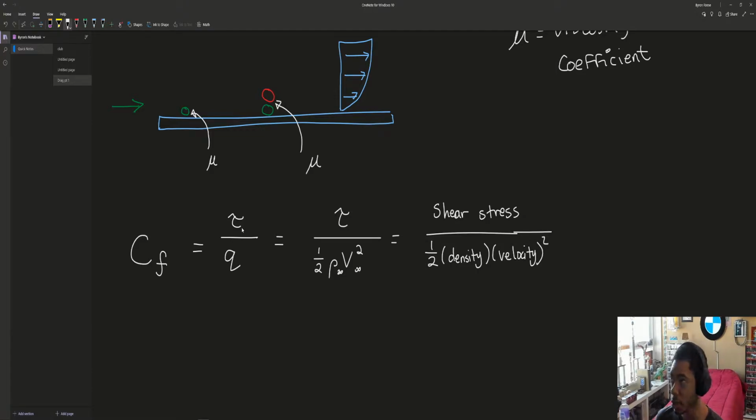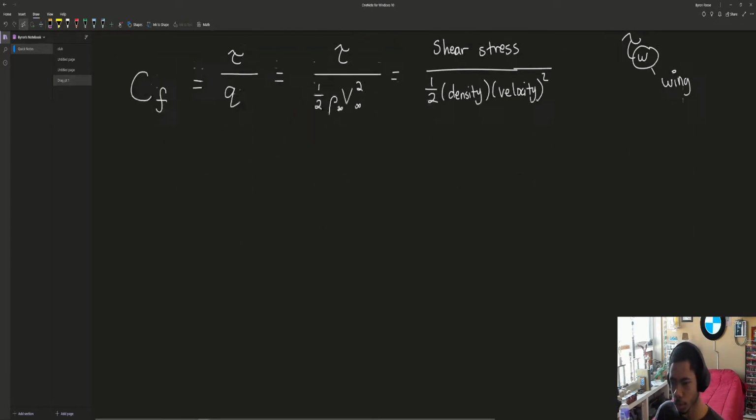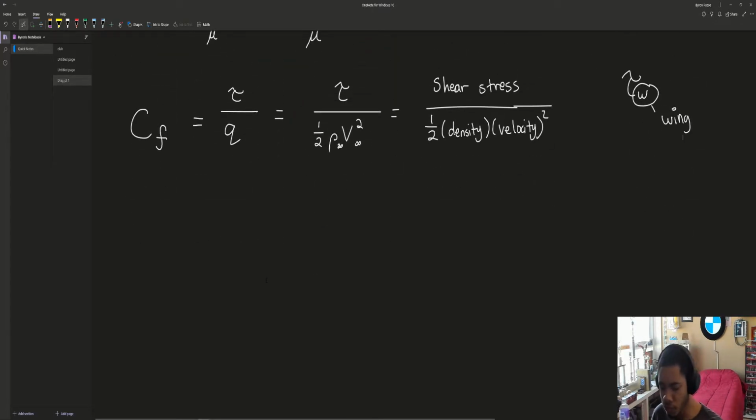Sometimes in your textbook you will see your shear stress written as tau W. Tau W is still shear stress, but this W here is related to the wing. For the sake of the coefficient, though, we're not writing W because we can use this for things other than just wings. Okay, so this is our coefficient for shear stress.